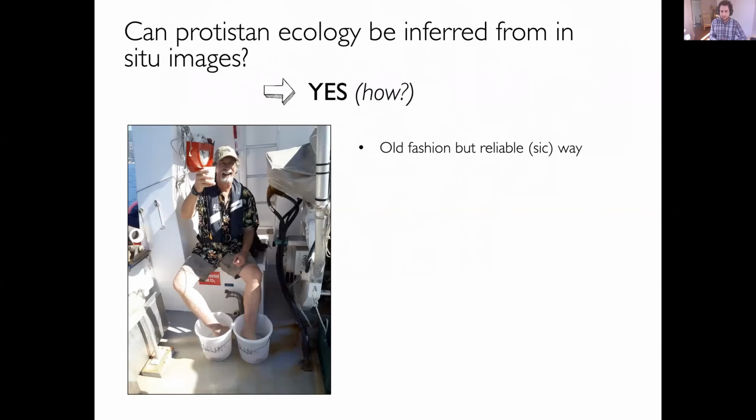I think John is not here, so forgive me for sharing this photo. You can do ecology the old-fashioned way, which is usually very reliable. How do you do it? You just use buckets, nets, Niskin bottles. But we all know that with these tools, even the most expensive ones, you will have a poor vertical resolution, meaning that you cannot really do single cell ecology.